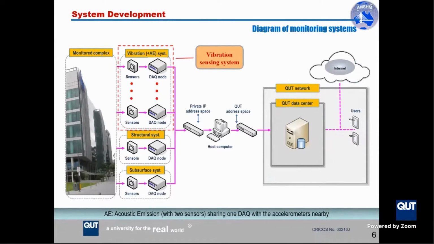Using this Ethernet-based system, we significantly reduce the amount of cables, and we can utilize the existing internet facility of the building, making the ANSHM system compact, stable, and cost-effective. Later, I will show you how we utilize the data we acquire from this monitoring system.